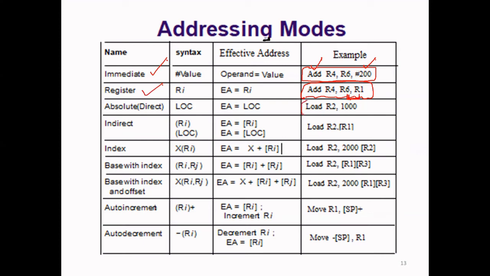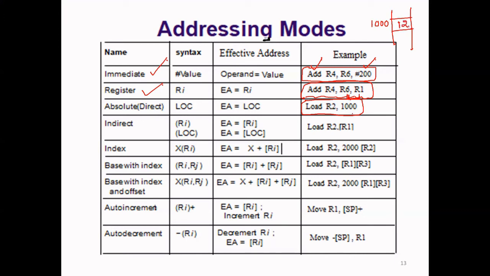Now let us see this instruction: LOAD R2, 1000, for example. That means it is loading something from memory. 1000 is the memory location directly given, and the data at that location is moved to R2. For example, in this memory, at location 1000, some data, maybe 12, is available.